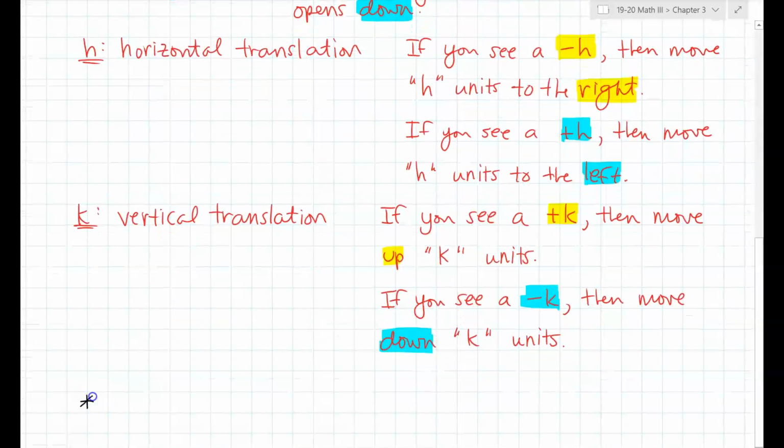So if they ever ask you, what is the vertex? Then you just write h, comma, k. If you see a -2 for h, you write -2 where the h goes. If you see a 3 for k, you write a 3 where the k goes.